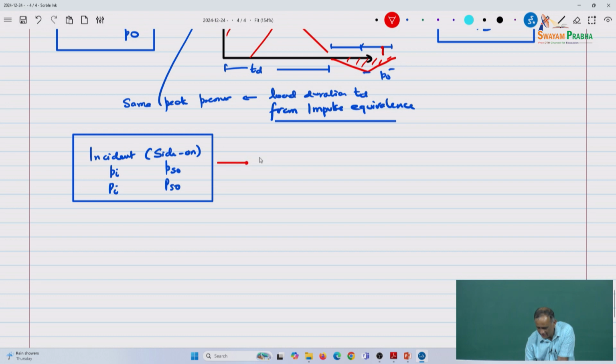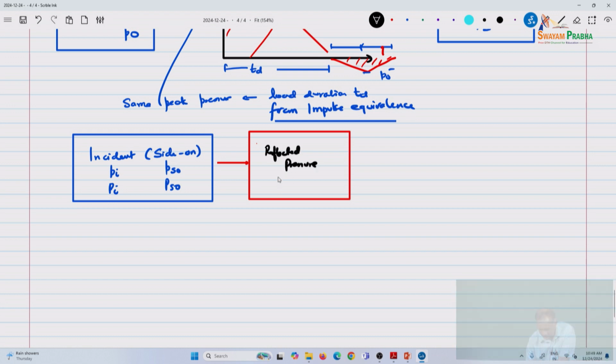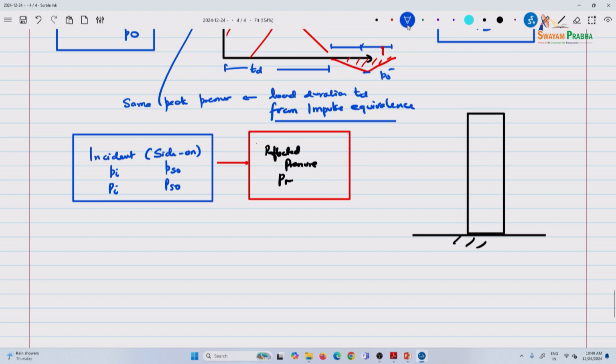And then on a structure, you have reflected pressure. Reflected pressure is going to be PR. So we've seen yesterday that just before it strikes, and of course it's not going to be uniform, this is your PSO, and then it reflects off the structure as soon as it hits the structure itself.